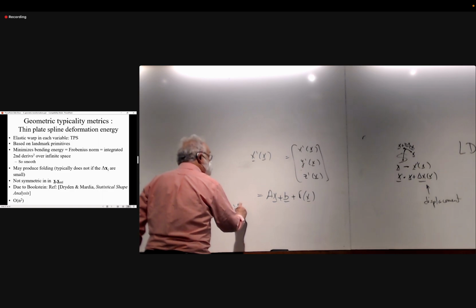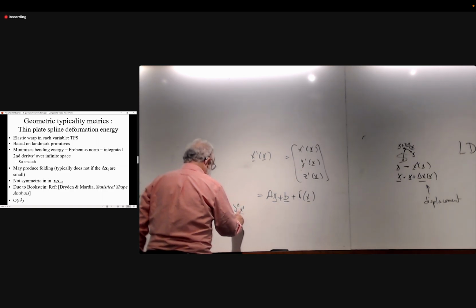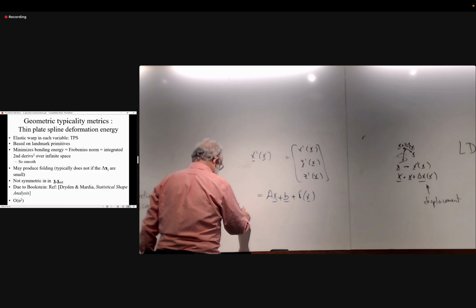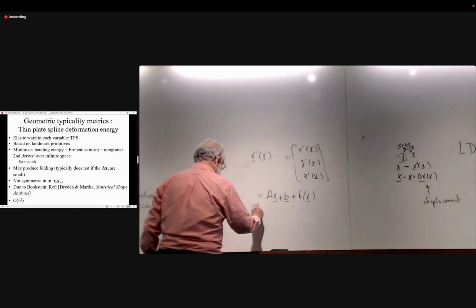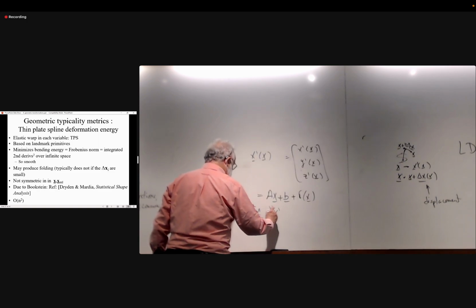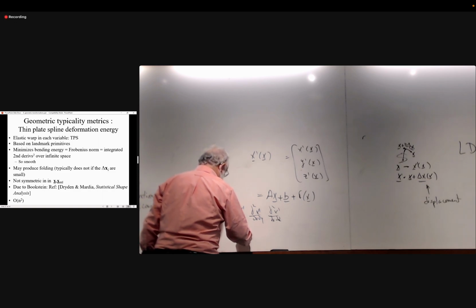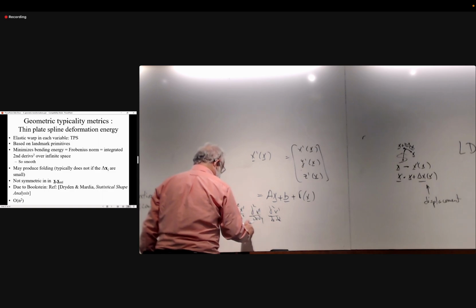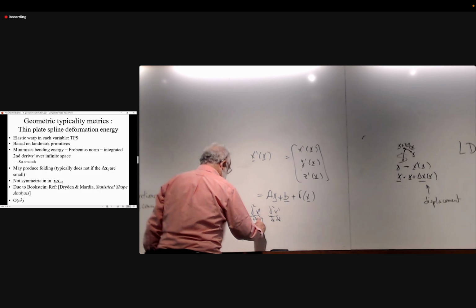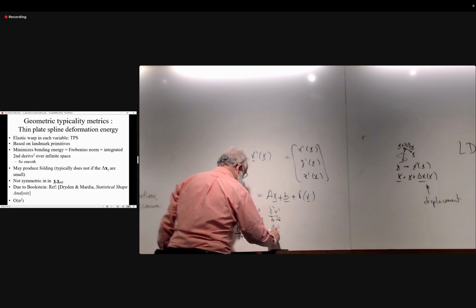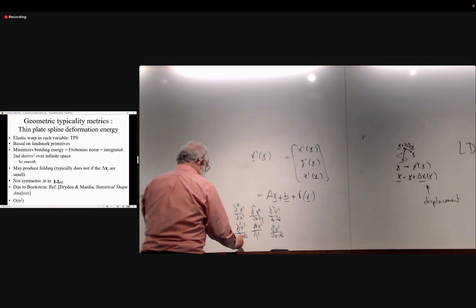d2 x prime by dx squared, d2 x prime by dx by dy, d2 x prime by dx by dz, d2 x prime by dy by dx, which is the same as that guy, d2 x prime by dy squared, d2 x prime by dy by dz, and you're going to know what I'm going to put down here.